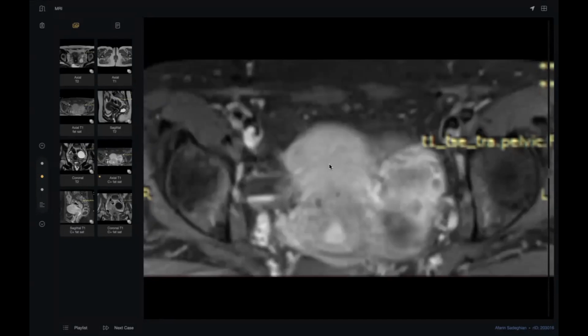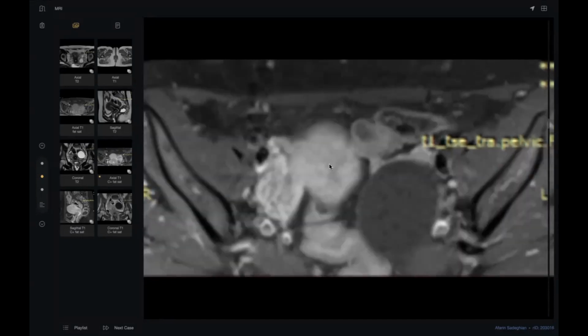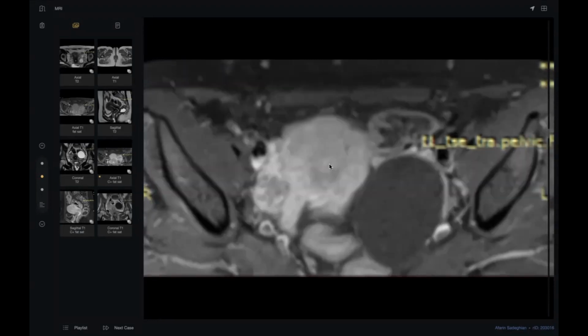I am doubting between two lesions, which could be a dermoid cyst, but it's not typically with the fat signal. At the same time, it could be a hemorrhagic cyst. But again, it's not typically with the signals of hemorrhage. See, doctor, you didn't find fat, you didn't find hemorrhage, so you must exclude both of these differential diagnoses.